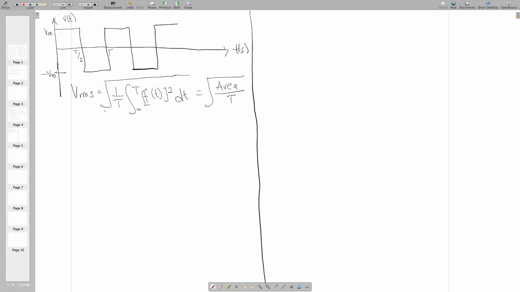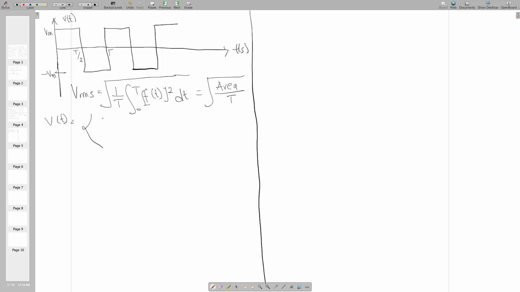So then we need to find the function of this cycle. Taking a look at this waveform, it looks like a piecewise function. So let's say the v(t): we have the positive side of the square waveform and the negative side of the square waveform.